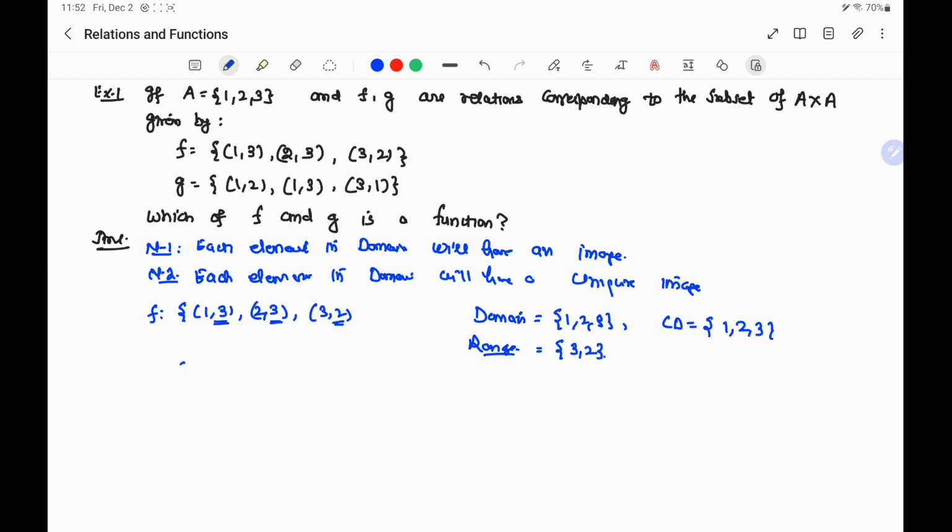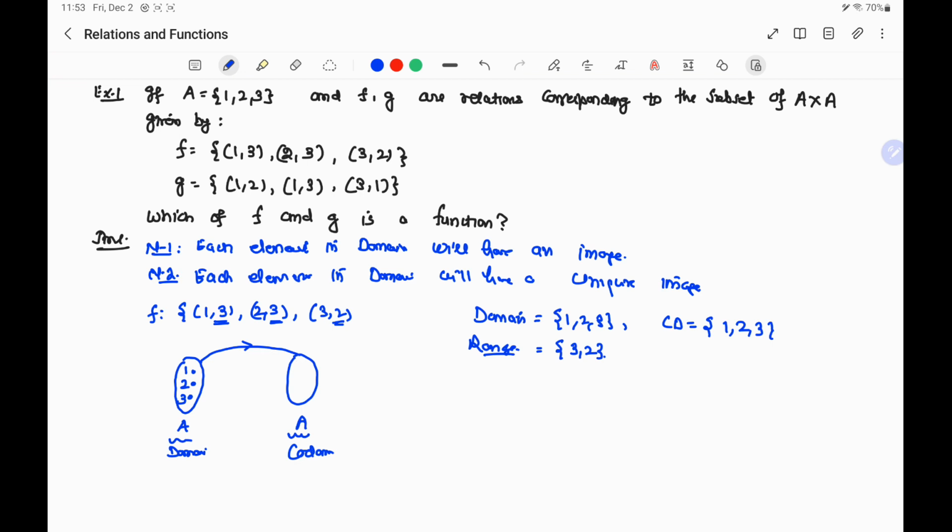If we make the picture of this relation, we will have this set A acting as domain, and another set, also A, which is acting as a codomain. This A is domain and another A is codomain, and there is a relation between this A to A. Domain has three elements, 1, 2 and 3.